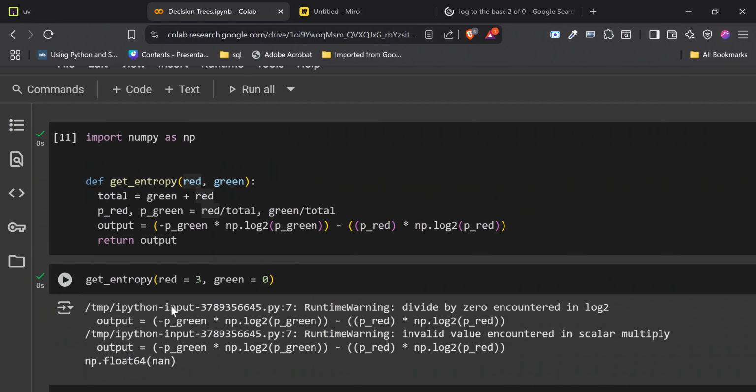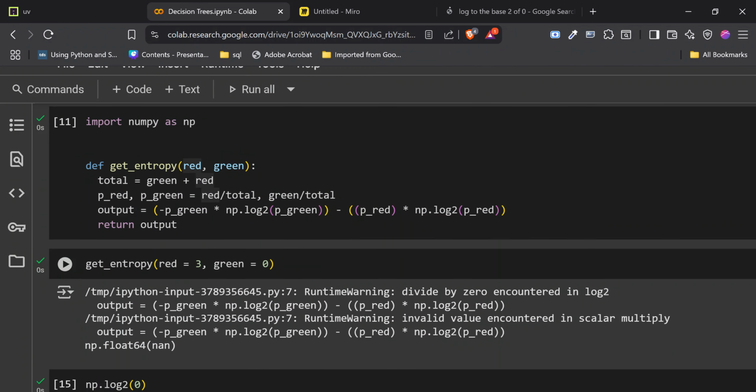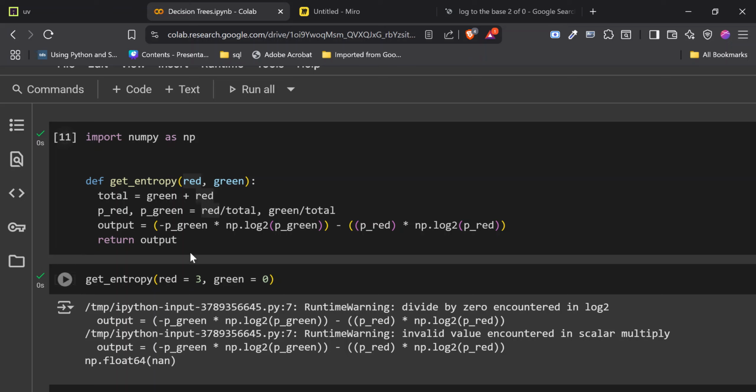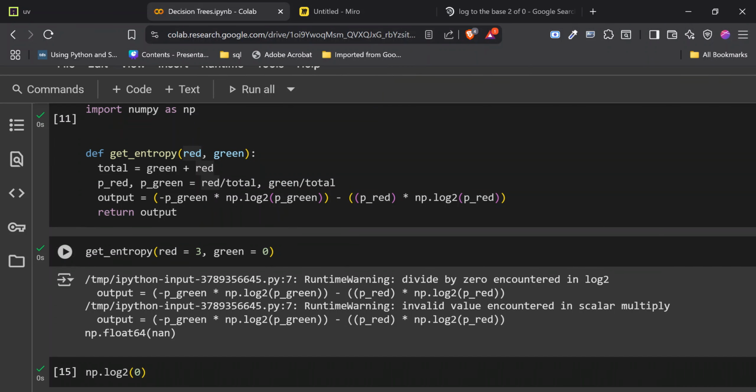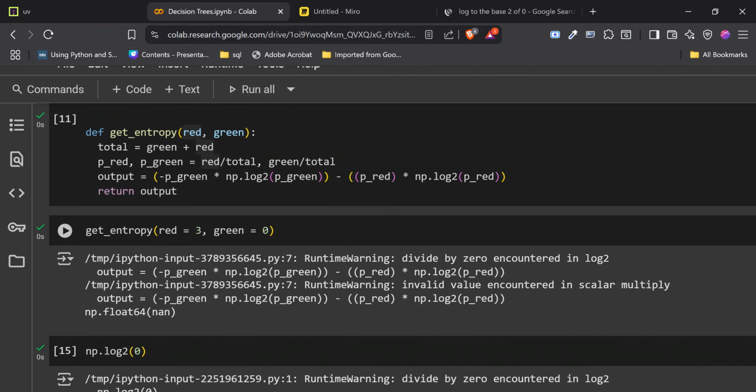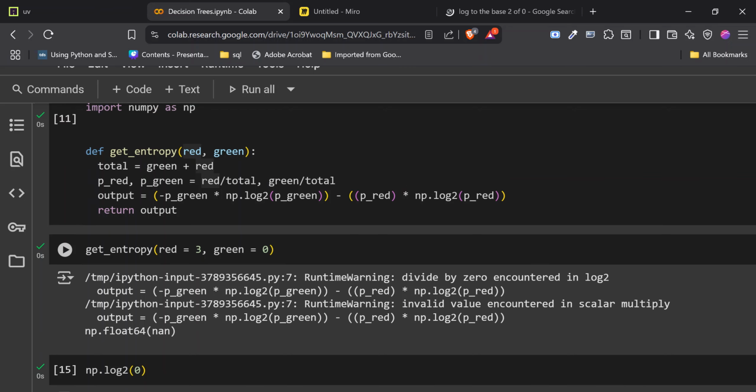So the idea is that the entropy of a pure node, if the node is pure, is going to be 0. So we can make that into an if statement in here that returns 0.